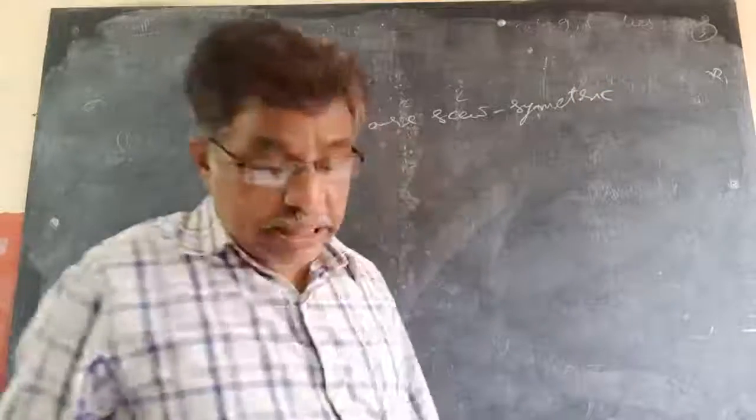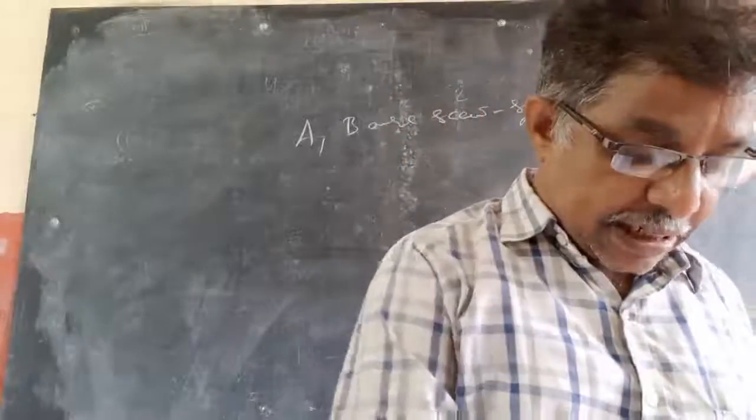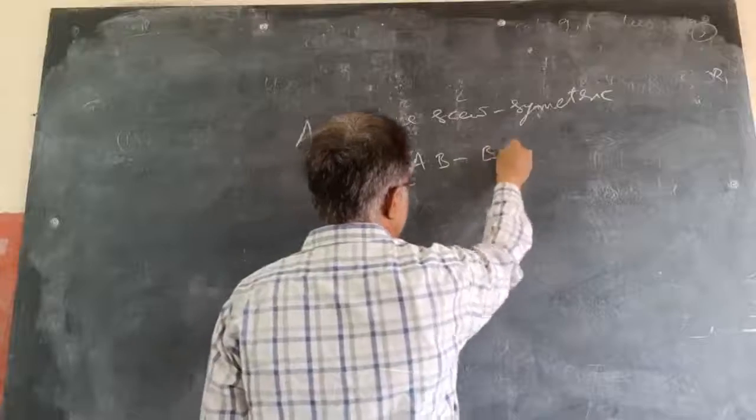Then he is asking about AB minus BA: is it symmetric, skew symmetric, scalar matrix, or triangular matrix? He is asking about AB minus BA.